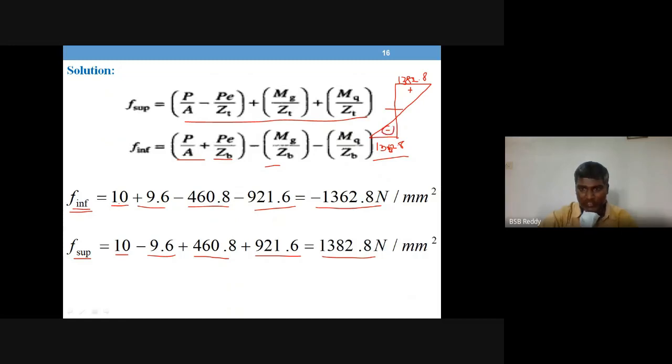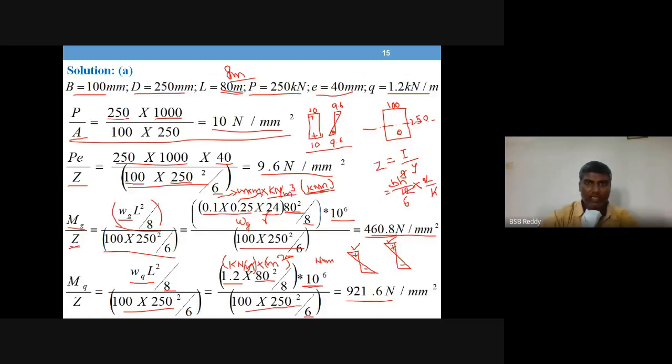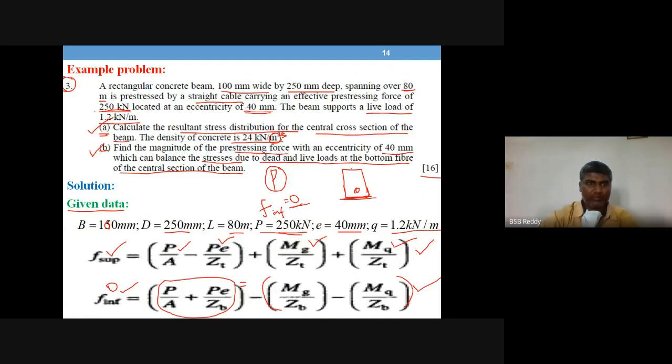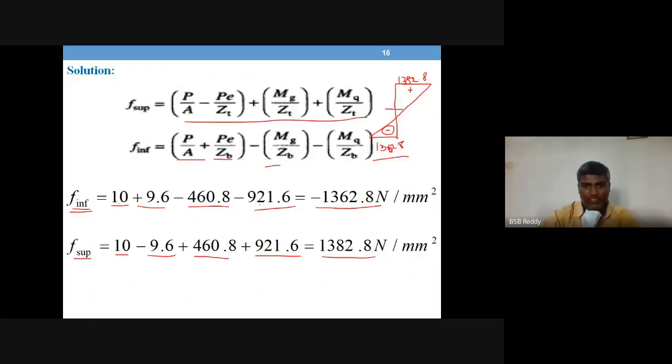So to avoid this tension, what will be the pre-stressing force? So to make this tension 0, you can see the value of pre-stressing force, you have to increase enormously. So 250 kilonewton is not at all sufficient.